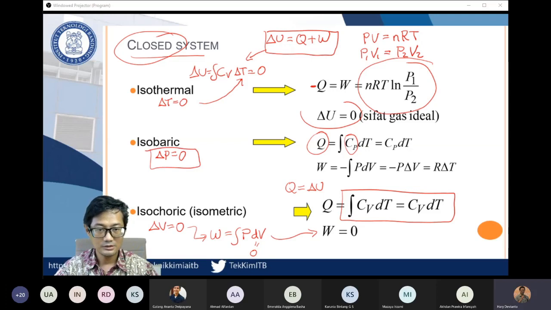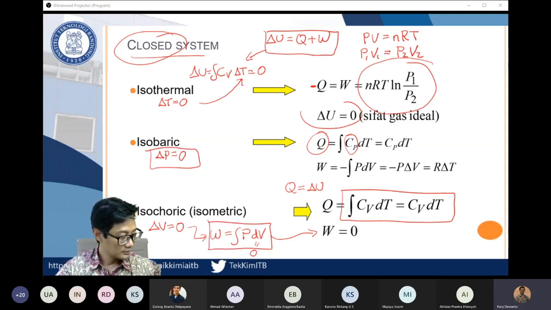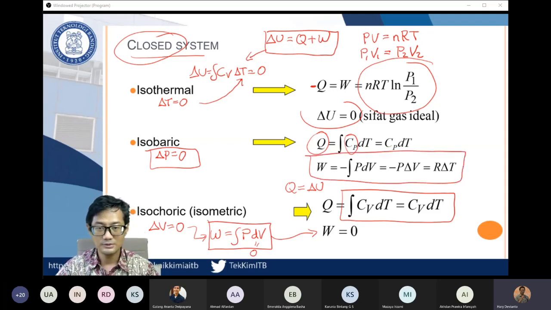How about W? W will remain the same. This is the formula for W. But remember, you also need to calculate delta U. What is the formula for delta U in the isobaric case? You don't need to change anything. Delta U is always like that. Delta U is equal to the integral of CV delta T, even though it is in isobaric condition.